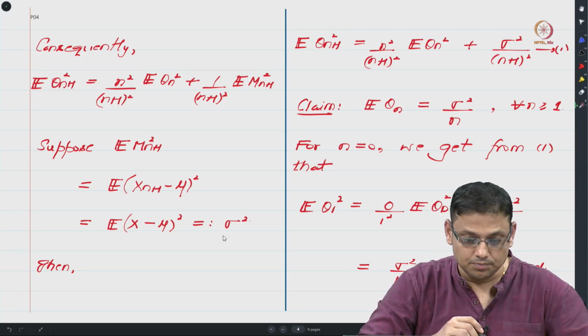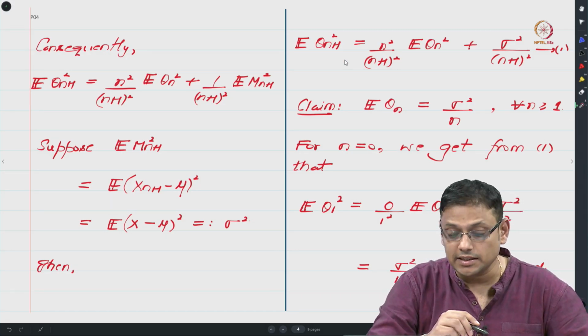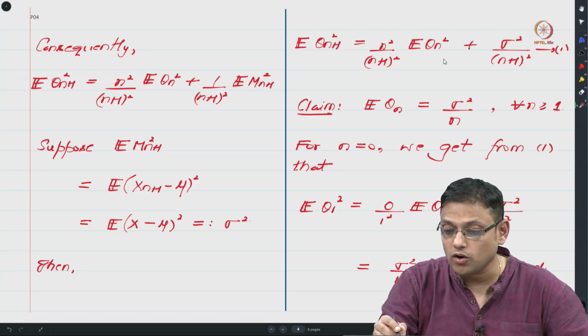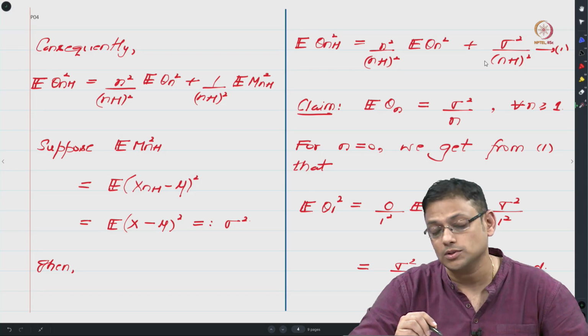Then this expression changes to expected theta n plus 1 square equals n square over n plus 1 the whole square times expected theta n square plus sigma square over n plus 1 the whole square.